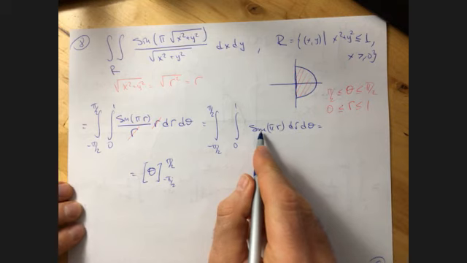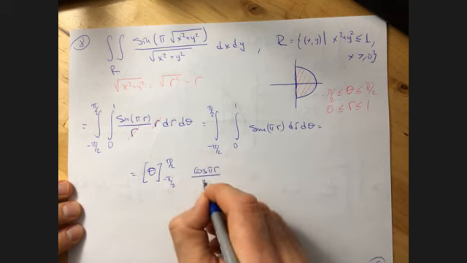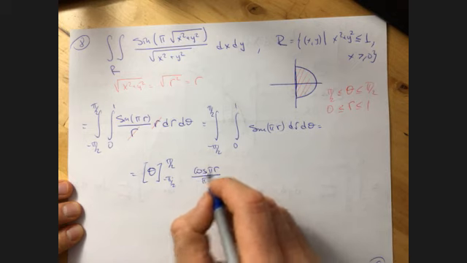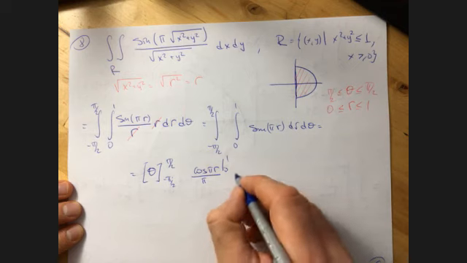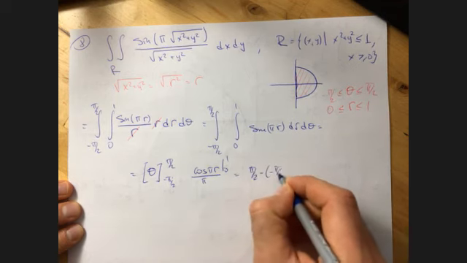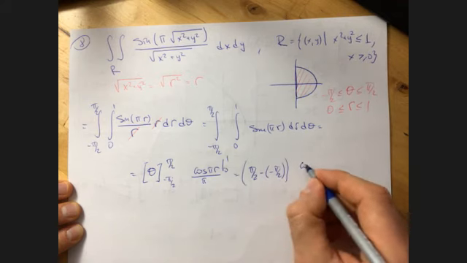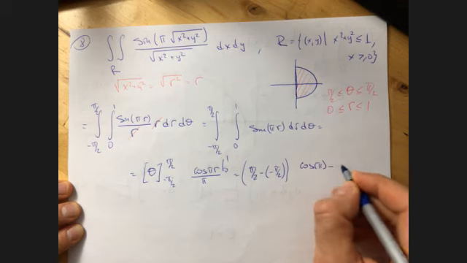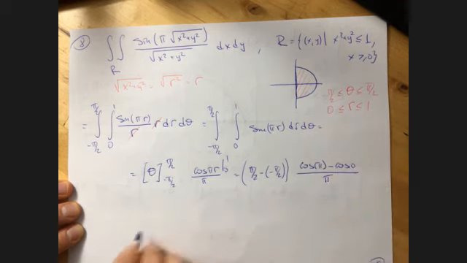Integral of sine of pi r is cosine of pi r over pi, evaluated from 0 to 1. And here I get pi over 2 minus negative pi over 2, which is just pi, right? Here I get the cosine of pi minus cosine of 0 over pi.